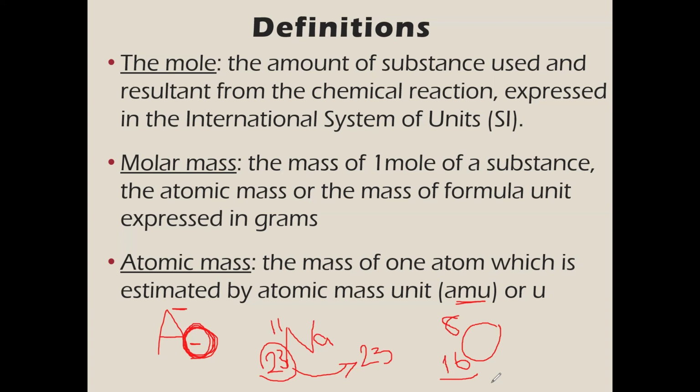So every 16 grams of oxygen equals 1 mole of oxygen. Okay? So 1 mole of sodium is 23 grams. For hydrogen, the atomic mass of hydrogen is 1 AMU, while the mole of hydrogen is 1 gram. Okay?